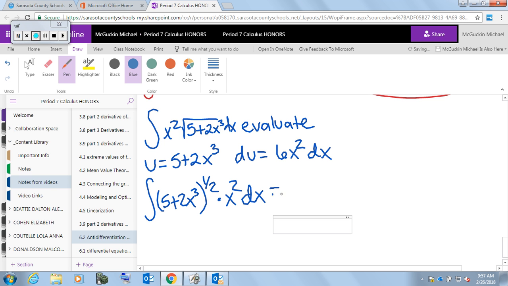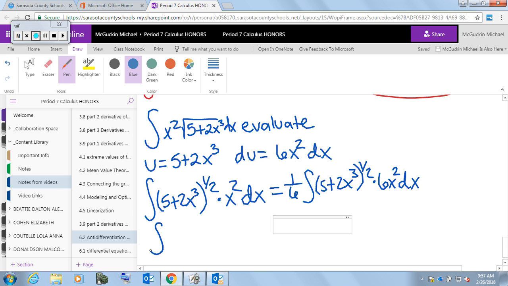But remember, I can rewrite this as 1/6 times the integral of 5 plus 2x cubed to the 1/2 power times 6x squared dx. All I did was 6 times 1/6. That is 1. That doesn't really change the value anywhere. I'm doing this so that I can legitimately just take du and replace it with what it stands for.